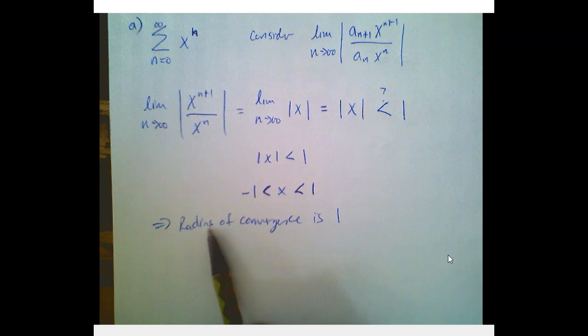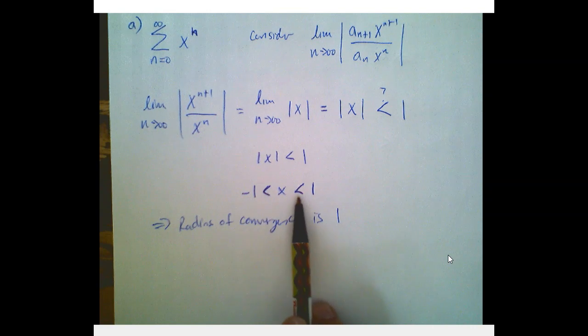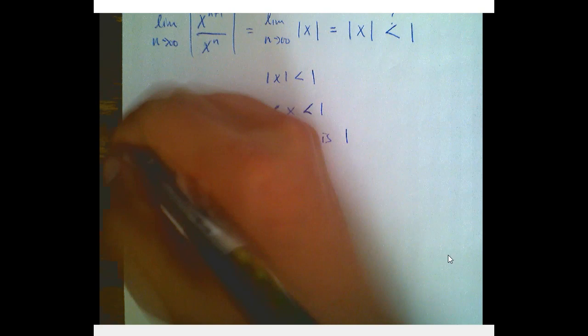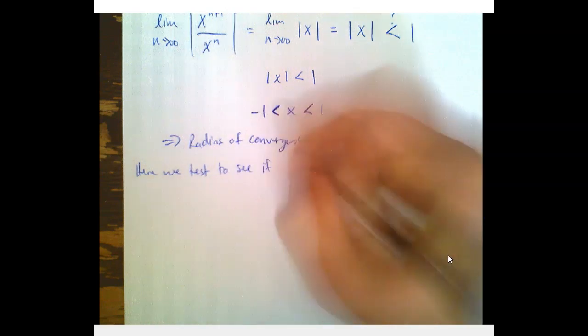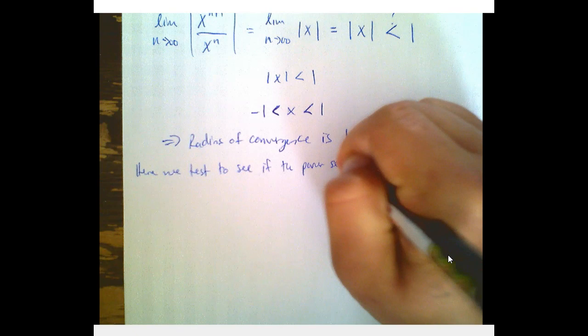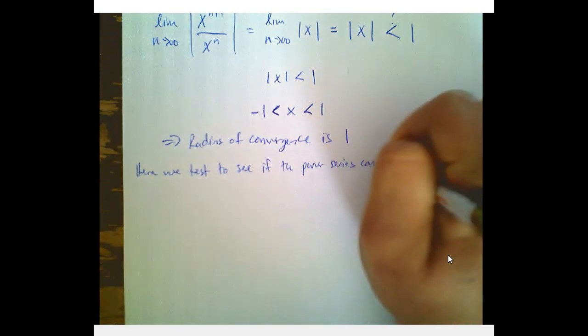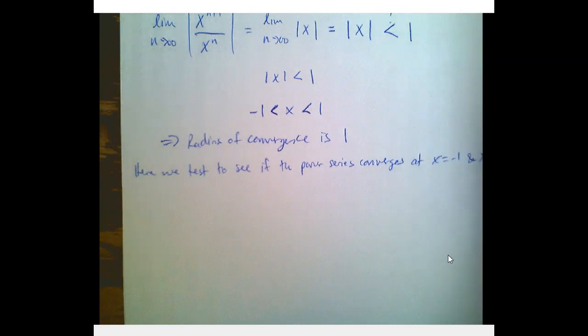But what we want to do is test to see if we have convergence at -1 and convergence at +1. So here we test to see if the power series converges at x equals -1 and x equals 1.